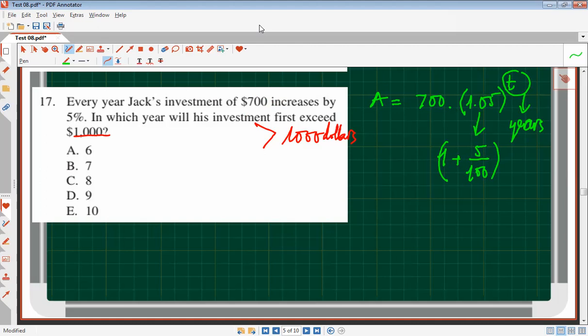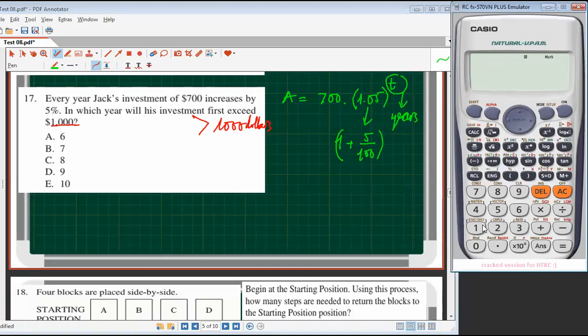Here, $700 times 1.05 raised to the power of t equals s. With option A, we use the value of s in number 6. Oh, it's not.